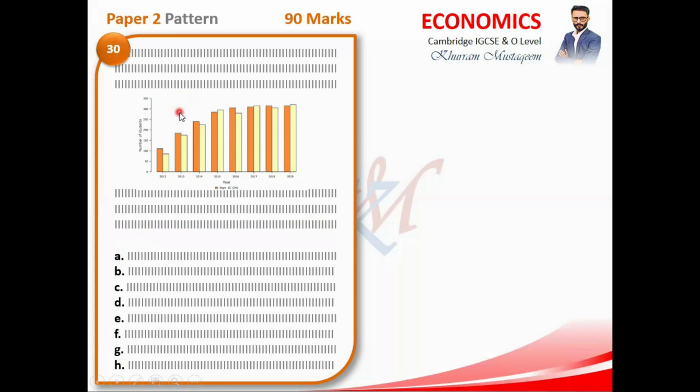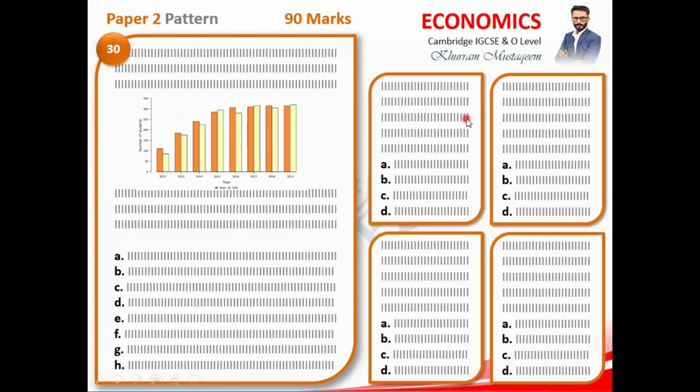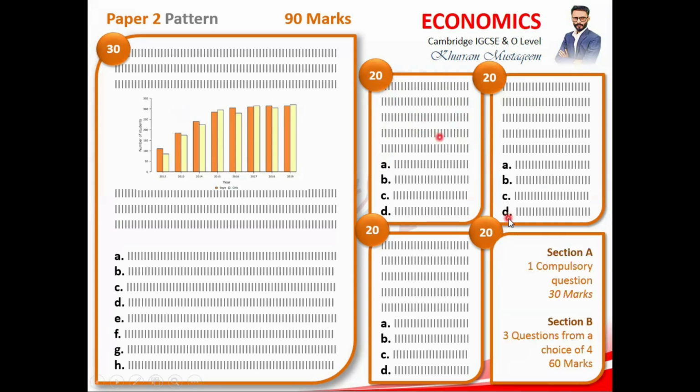Your paper 2 has another section, section B. Section B has 4 short essay questions. Every question consists of 20 marks. There is a short essay, and after this short essay you are supposed to answer a 4-part question, parts A, B, C, D. Every short essay question consists of 20 marks, and out of 4 questions, you have to attempt only 3.